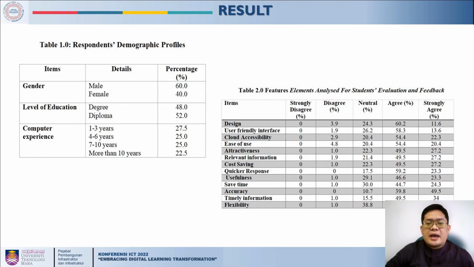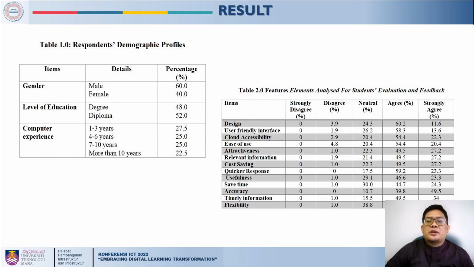They believe that this automated system can give impact to the management of information related to practical training, and that it is important to be considered, especially in developing such a system.